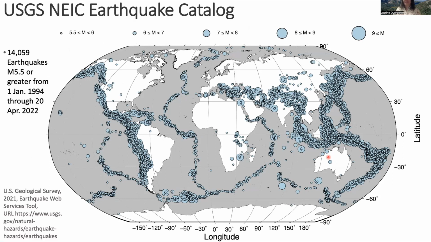We start at 1994 because that's the beginning of the NGL's data holdings for GPS data. So here there are 14,059 earthquakes included. The largest earthquakes, tied at magnitude 9.1, are the 2004 Great Sumatra-Andaman and the 2011 Great Tohoku-Oki earthquakes.